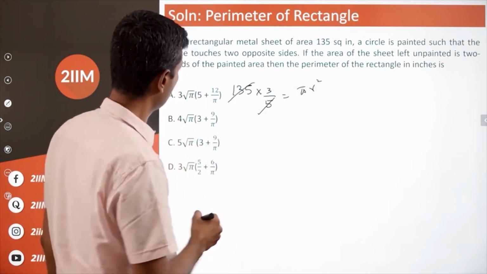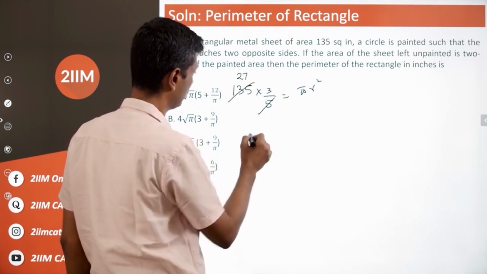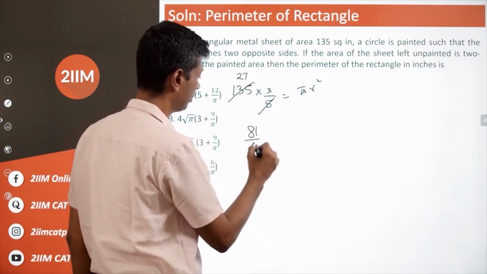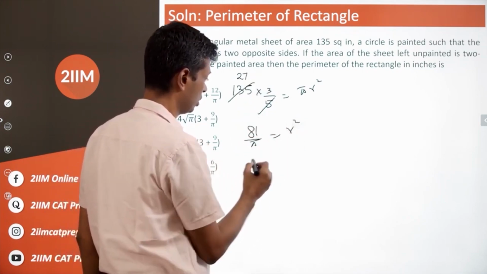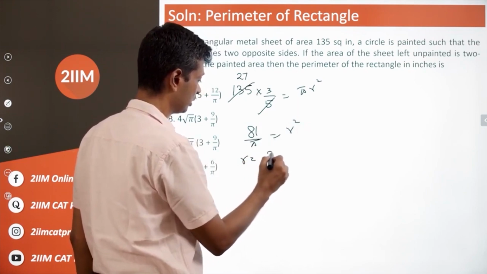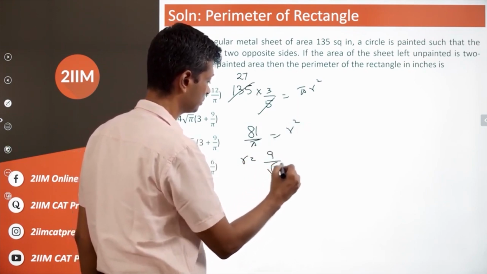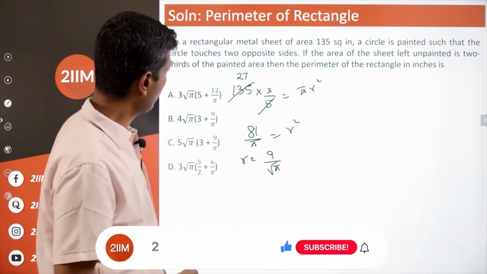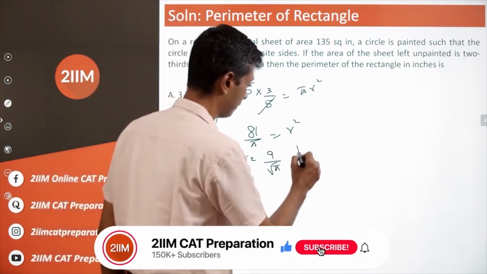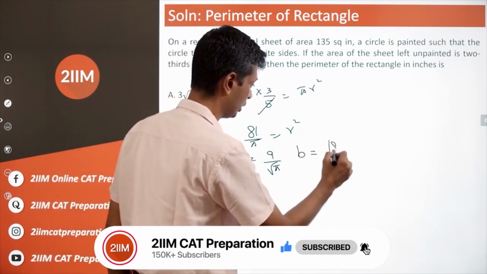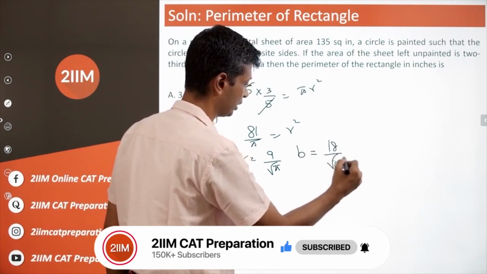This is 135 by 5, which is 27. 27 into 3 is 81. 81 by pi equals r square, or r is 9 by root pi. We want to find the perimeter of the rectangle. Then the breadth is 18 by root pi, twice the radius.